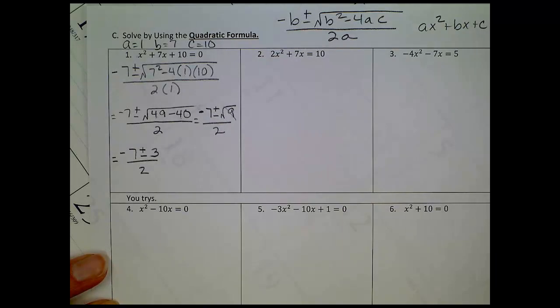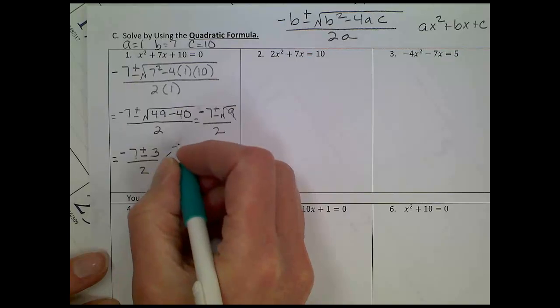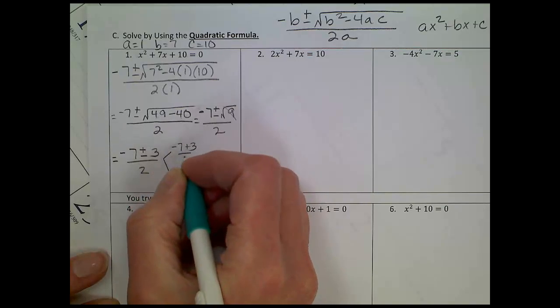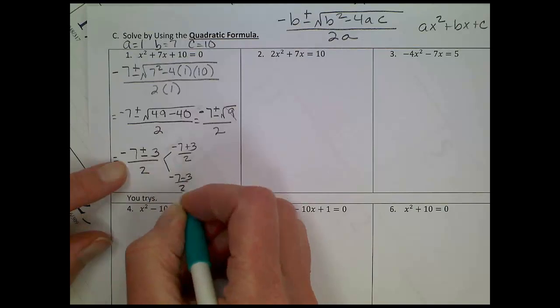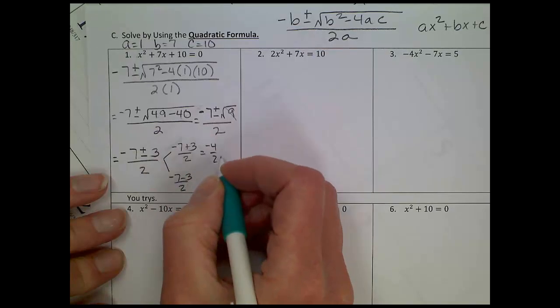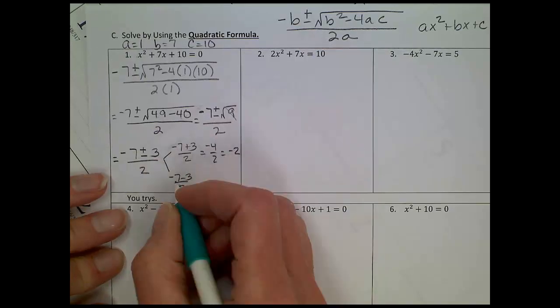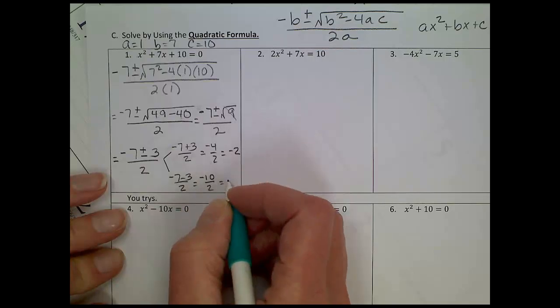We'll have negative 7 plus 3, all over 2. And the second problem will be negative 7 minus 3, all over 2. This will give us negative 4 over 2, which is negative 2. And this will give us negative 10 over 2, which will be negative 5.